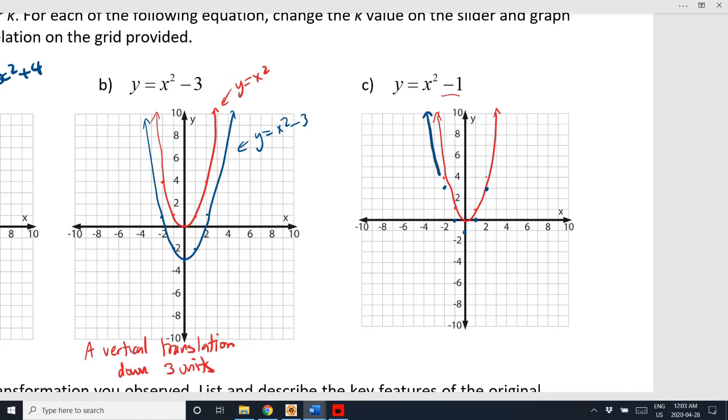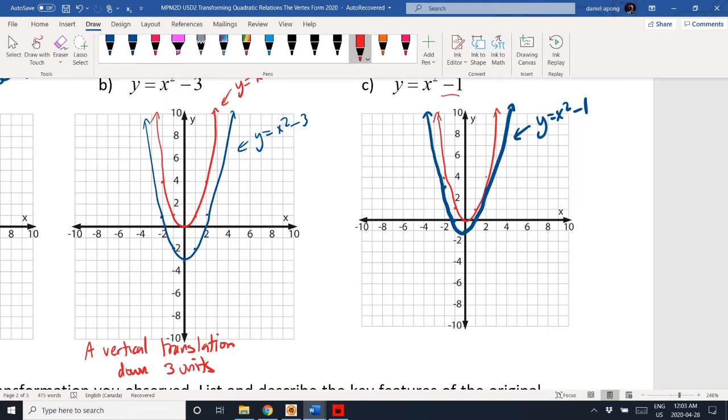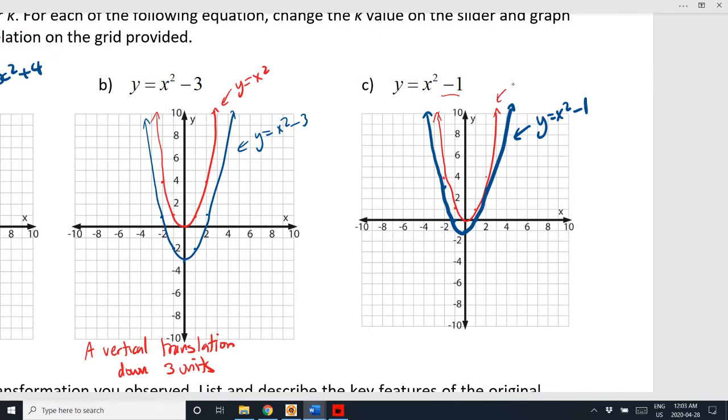And again, let's just fill in our parabola. It's going to look something like that. Hopefully yours is a little bit neater. So we can say here, y is equal to x squared minus 1. And let's label the red one as always. This is y is equal to x squared, the parent function. So how would we describe it? How would you describe it?